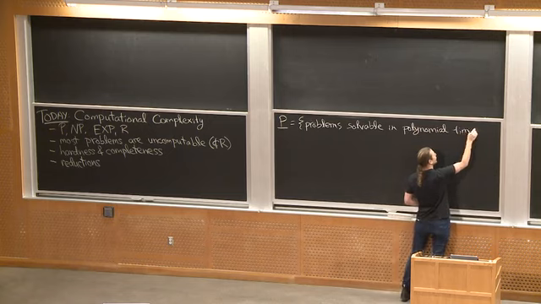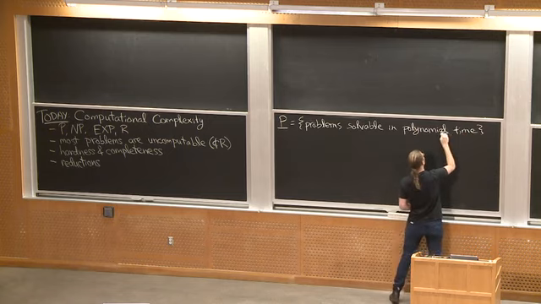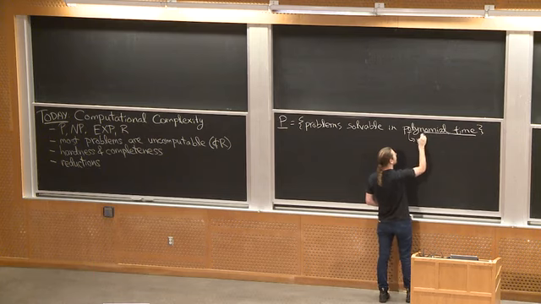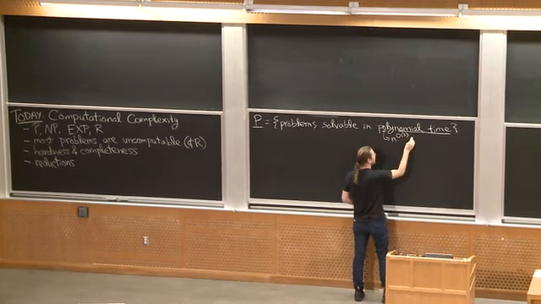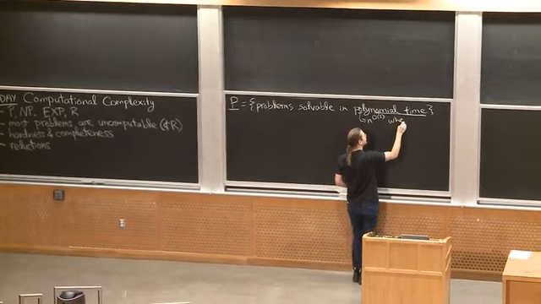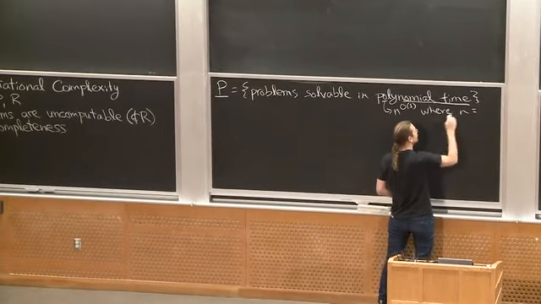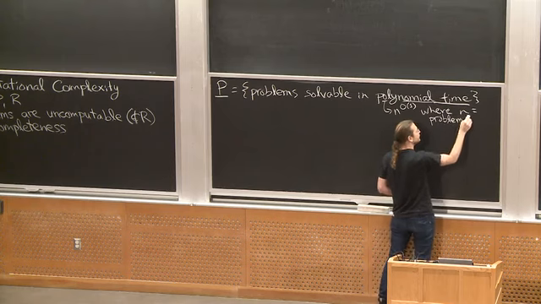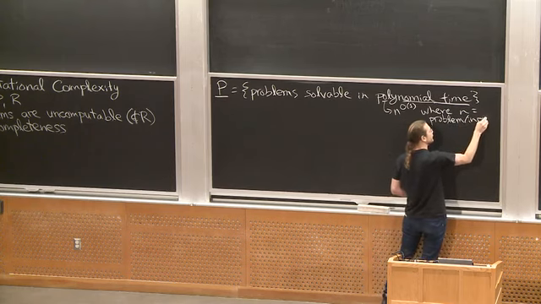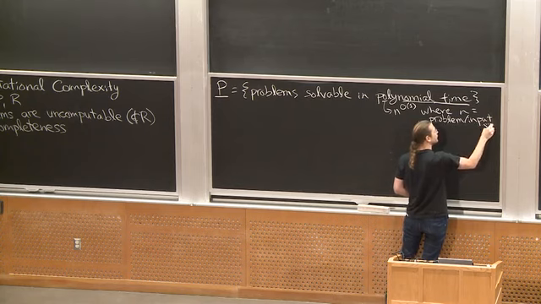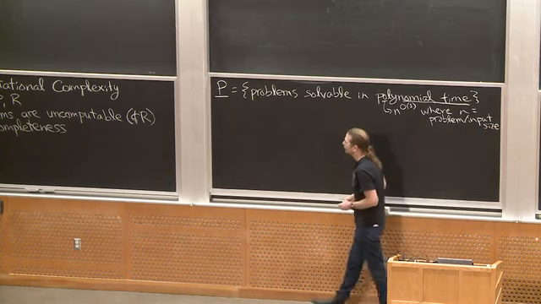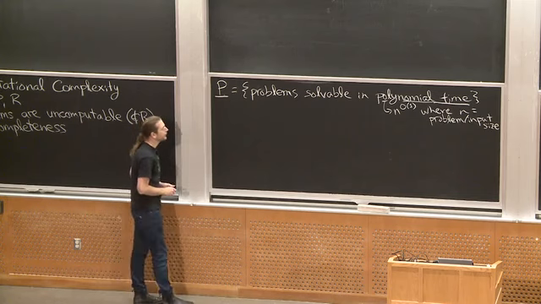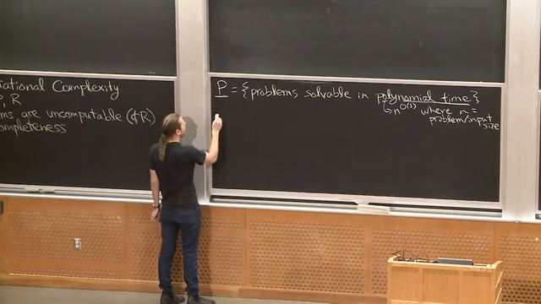So just recall that polynomial time means polynomial in the problem size, which I'll denote as n here, the number of words in your input. So these are the problems that are efficiently solvable. P is the set of all of them.